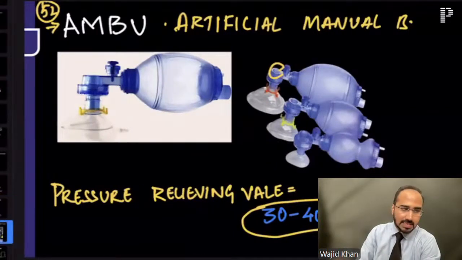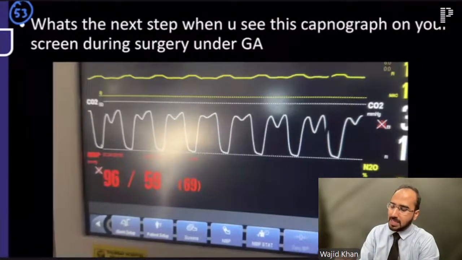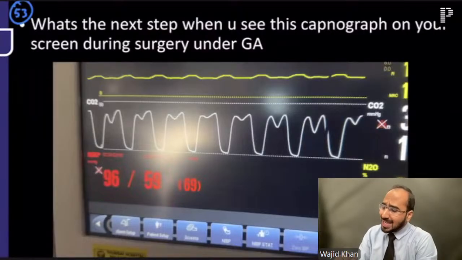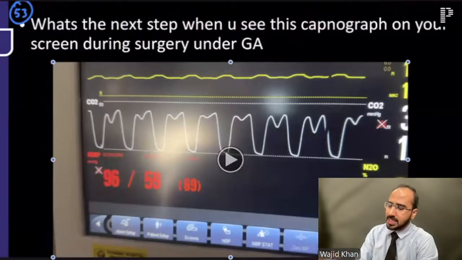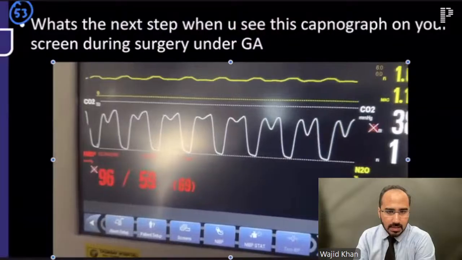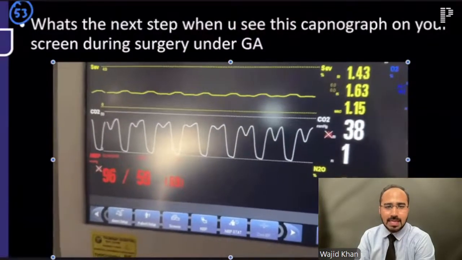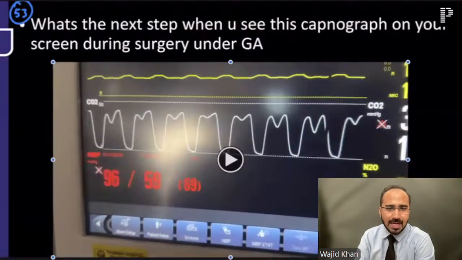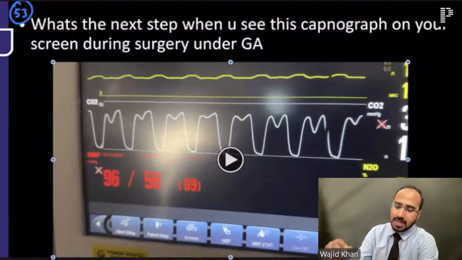Now, guys, look at this and please tell me the answer. What is the next step when you see this capnograph on your screen during surgery under general anesthesia? You are doing surgery and suddenly the capnograph appears like this. What does it mean, and what is the next step?